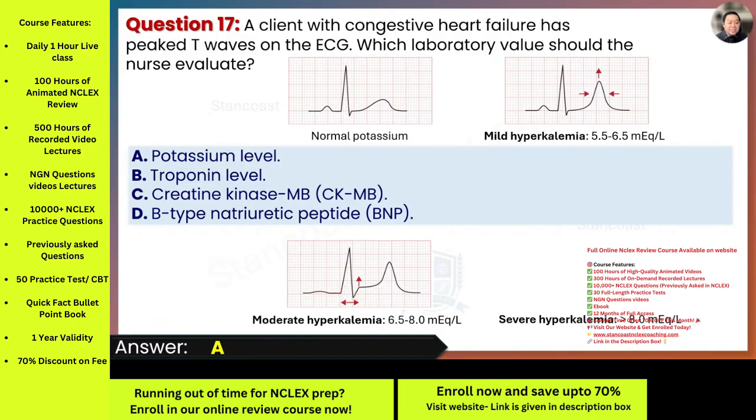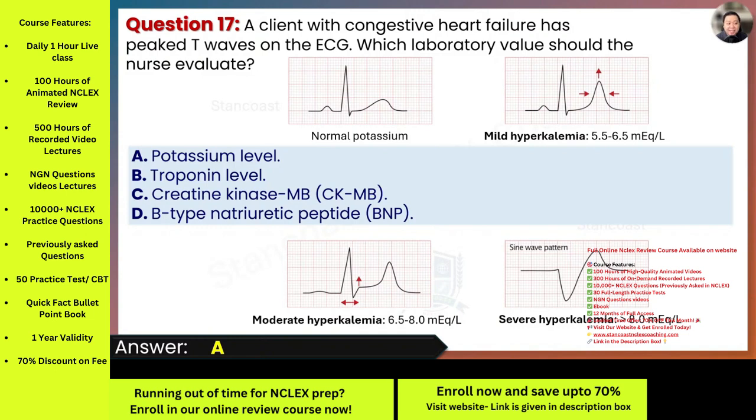Now, if the potassium goes severely high, such as greater than 8 milliequivalents per liter, there's going to be loss of P waves. You're not going to see that anymore. You will see that sine wave pattern. This is going to place the client at risk for cardiac arrest. And the P waves again are lost.